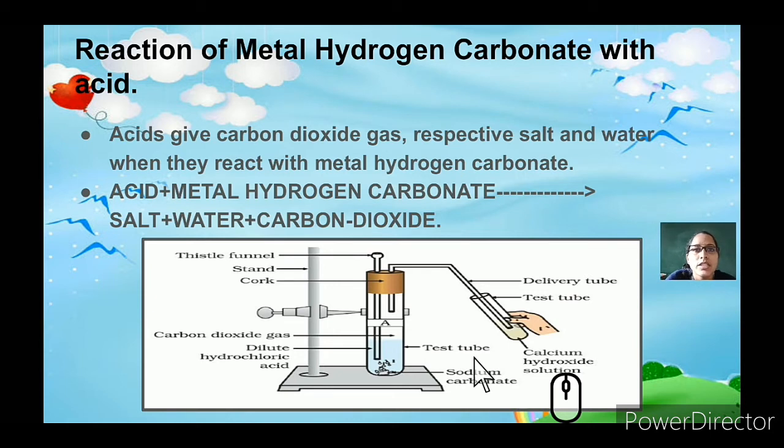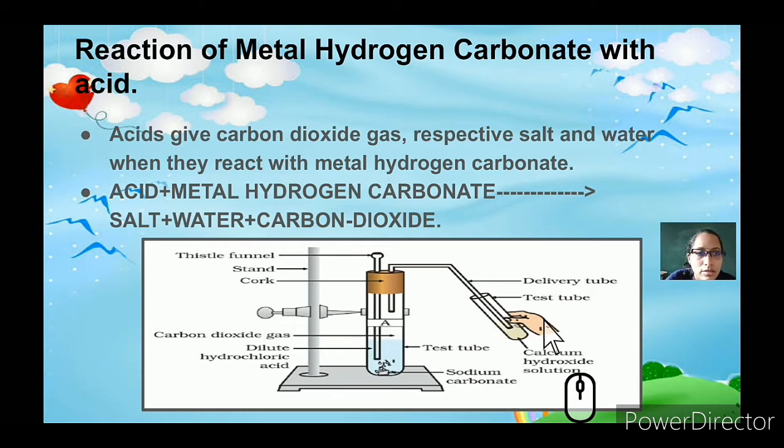Next we will see the reaction of metal hydrogen carbonate with acid. Here also there is no difference from the previous one, metal carbonate. Acid plus metal hydrogen carbonate also gives rise to the products salt, water and carbon dioxide. The same test is performed: the presence of carbon dioxide is found by passing the gas produced through lime water, and it turns milky.